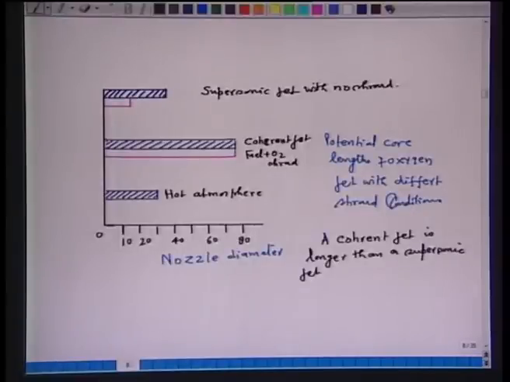These coherent jet injectors can be installed above the bath and or in the side wall of the furnace to carry out effective bath lancing.